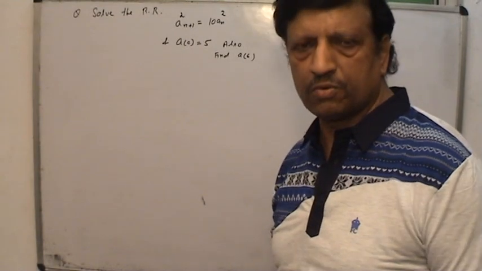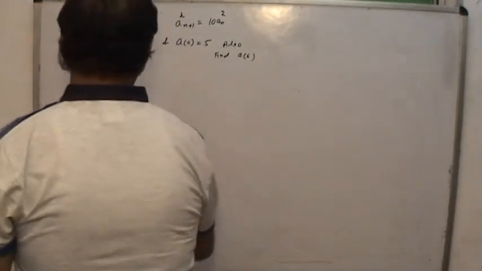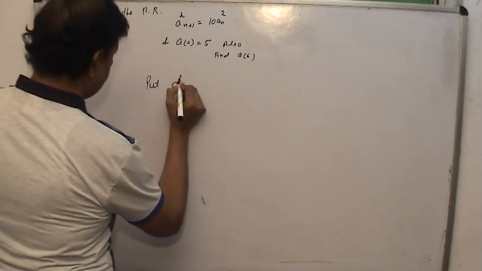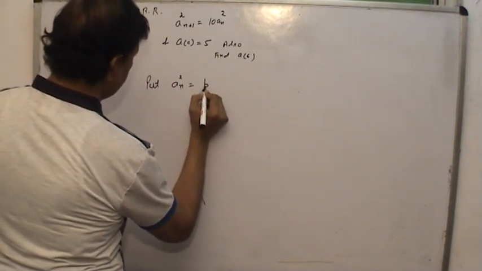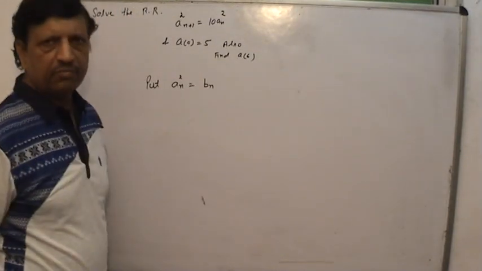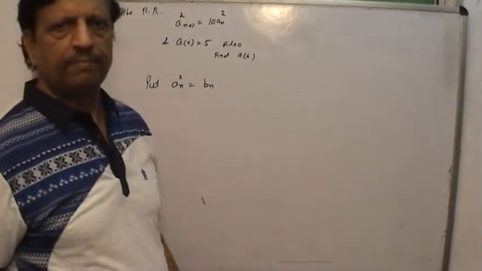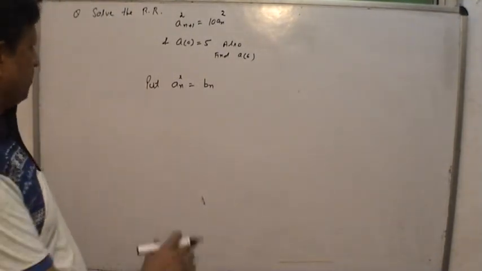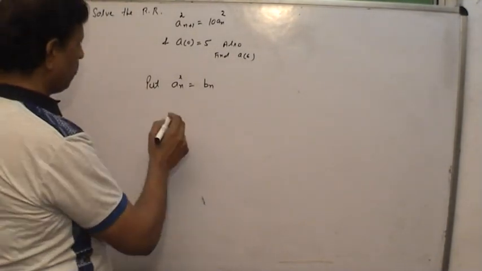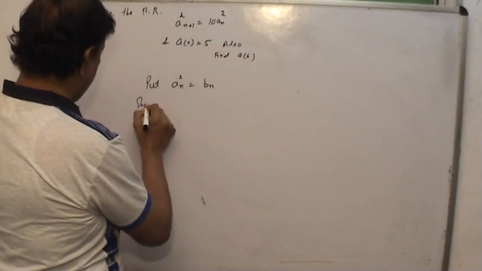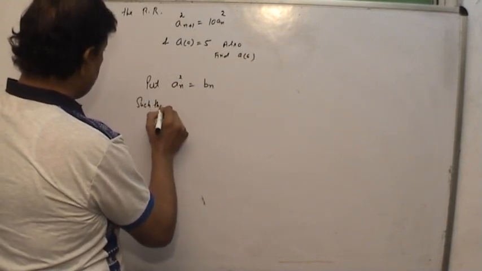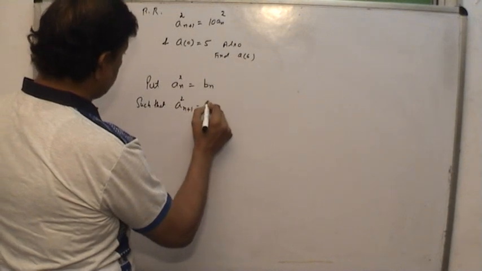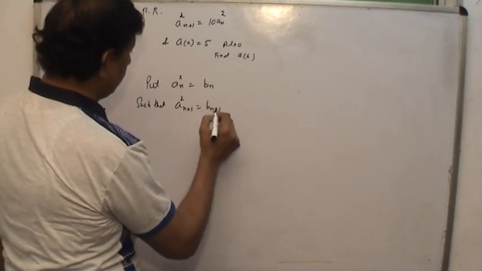Simple, we follow the rules of algebra. Then see, put a square n is equal to bn. Bn we say is another term corresponding to the a square n of the recurrence relation. A square n is equal to bn, such that a square n plus 1 is equal to bn plus 1.